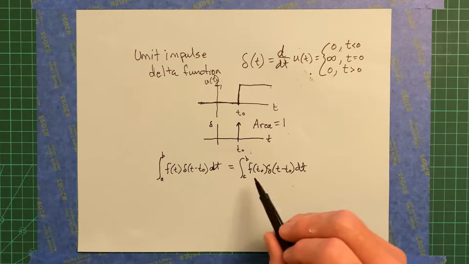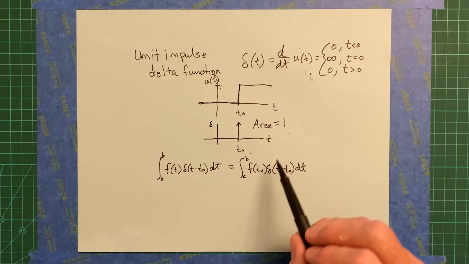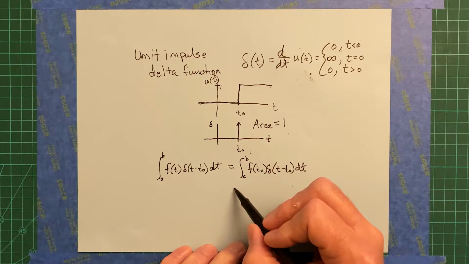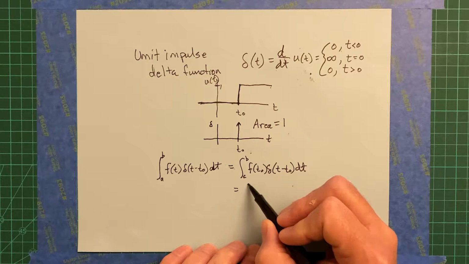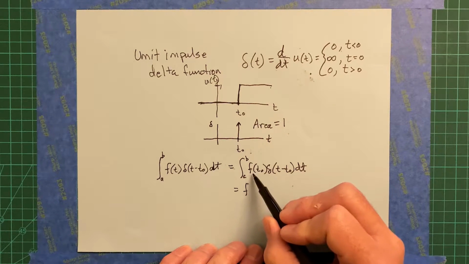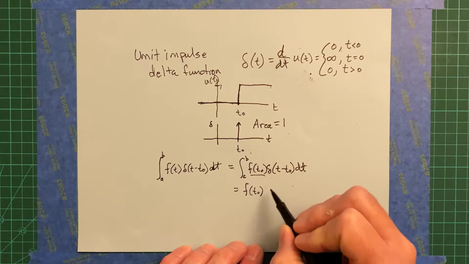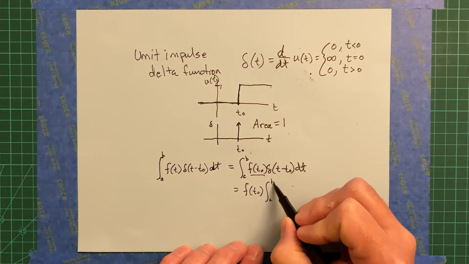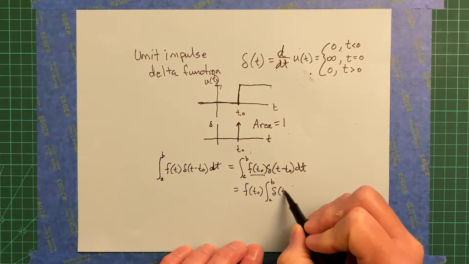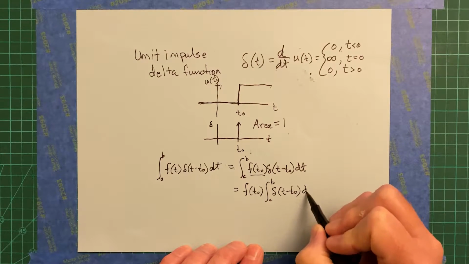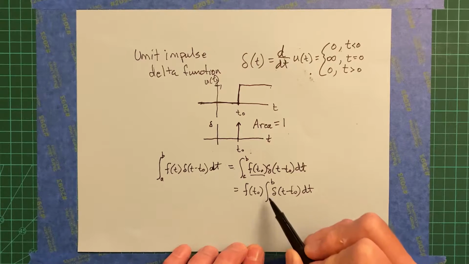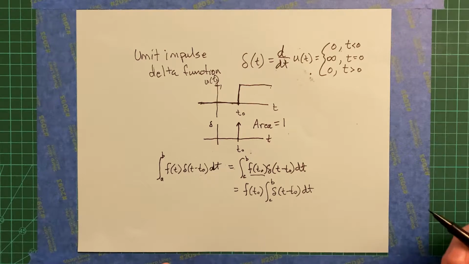Okay, but then when you take the integral of that, remember the integral is the area under the curve, so this just becomes f of t naught, which is a constant. I could factor that out of the integral, times the integral from a to b of delta t minus t naught dt. And what is this? What is the integral of the delta?